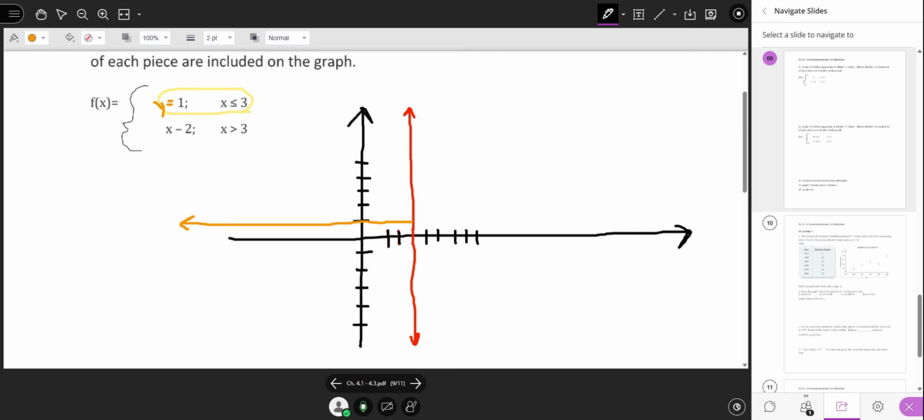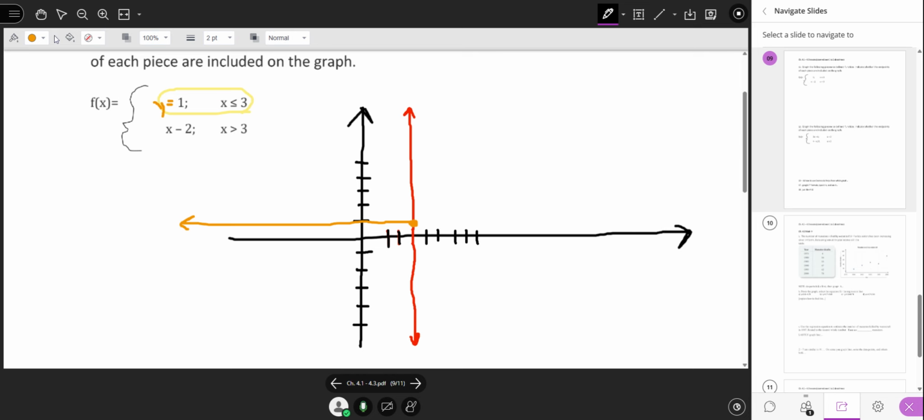And it says that that line stops at 3. And it includes 3. If it includes it, it's equal and it gets a closed dot.